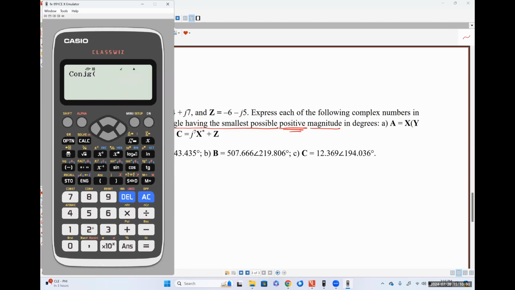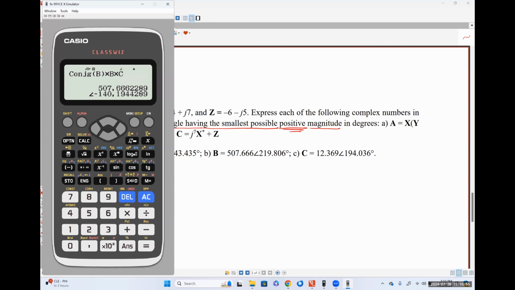So the conjugate of B, alpha B, times B times Z, which I stored as C, gives me this thing. If I change it, I get 507.666 with an angle of -140.